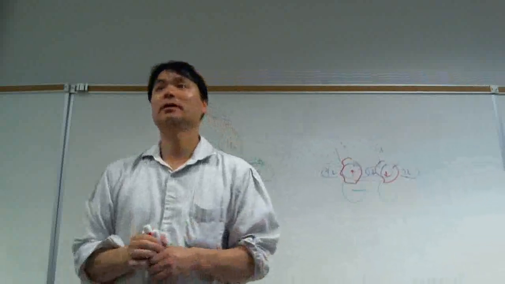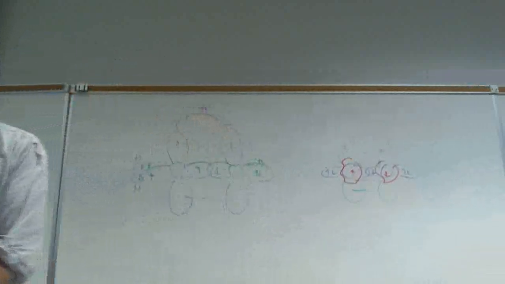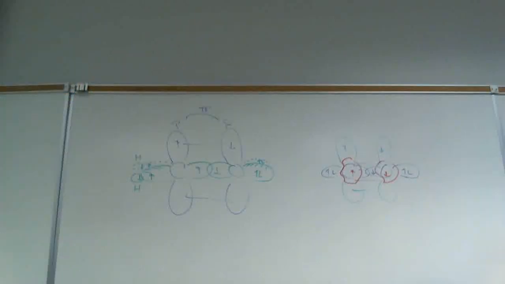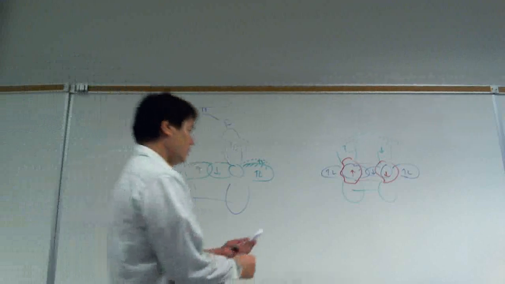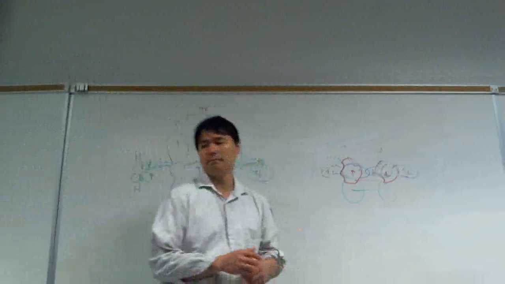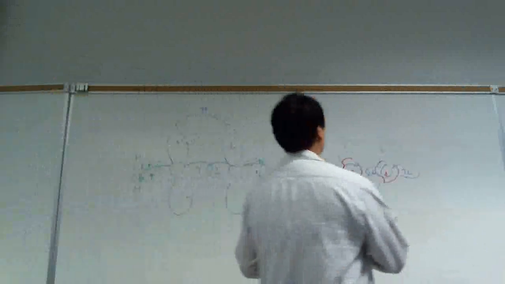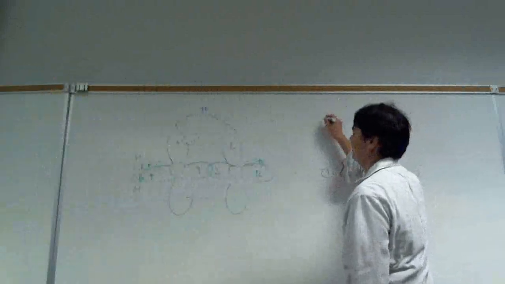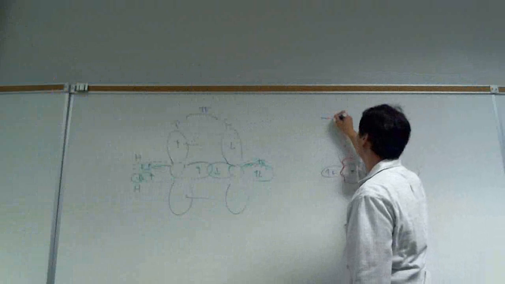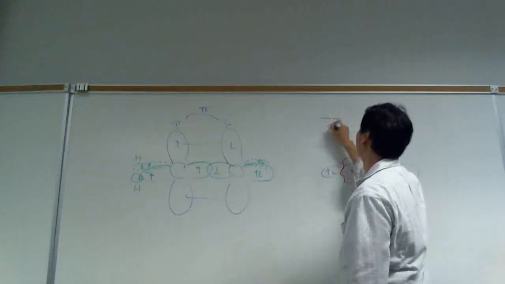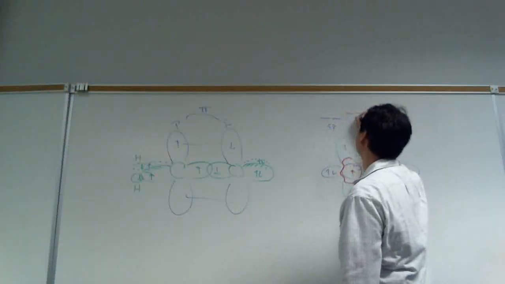Label everything. How do you want us to do the SP and the P? Show the hybridized and unhybridized? Yeah, I need you to do that for carbon, SP. So you need to know this pattern.